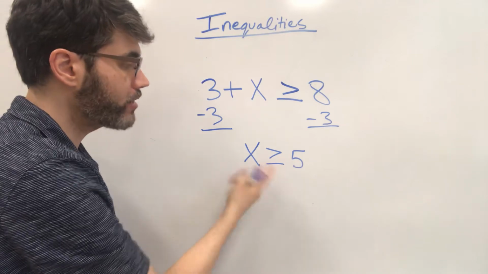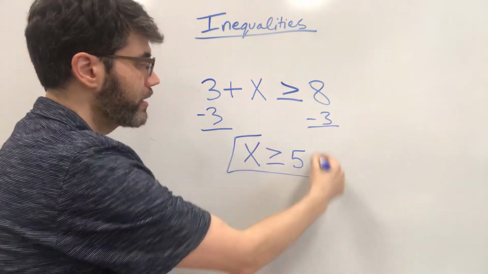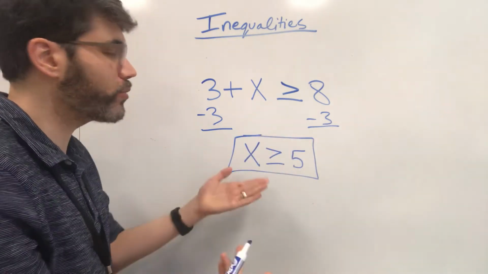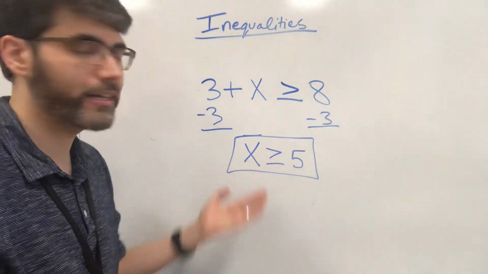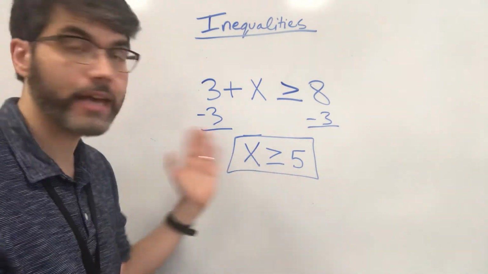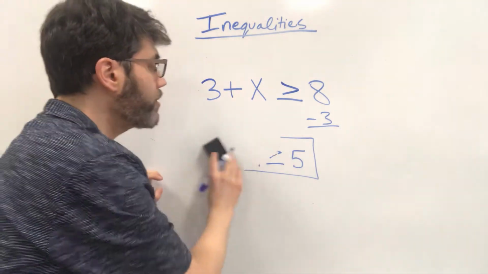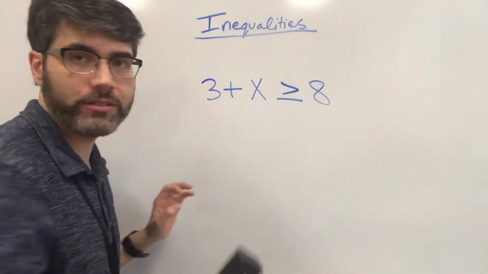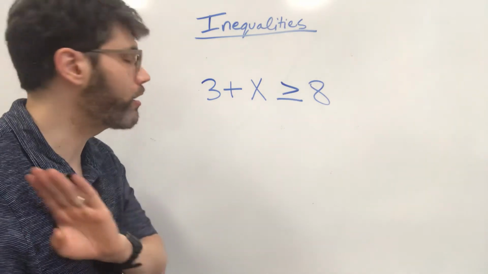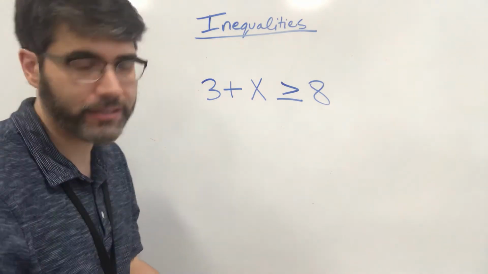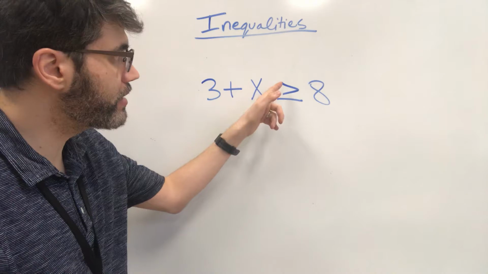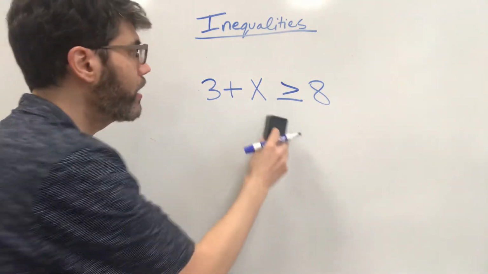Now that we have x completely by itself, we stop. This is our answer, which is what we got intuitively, but this is how we get it algebraically. You can just leave it like that and move on. So everything that we've learned about equations and how to solve equations, you use all of that, except now you have this inequality sign. Let's do another one.